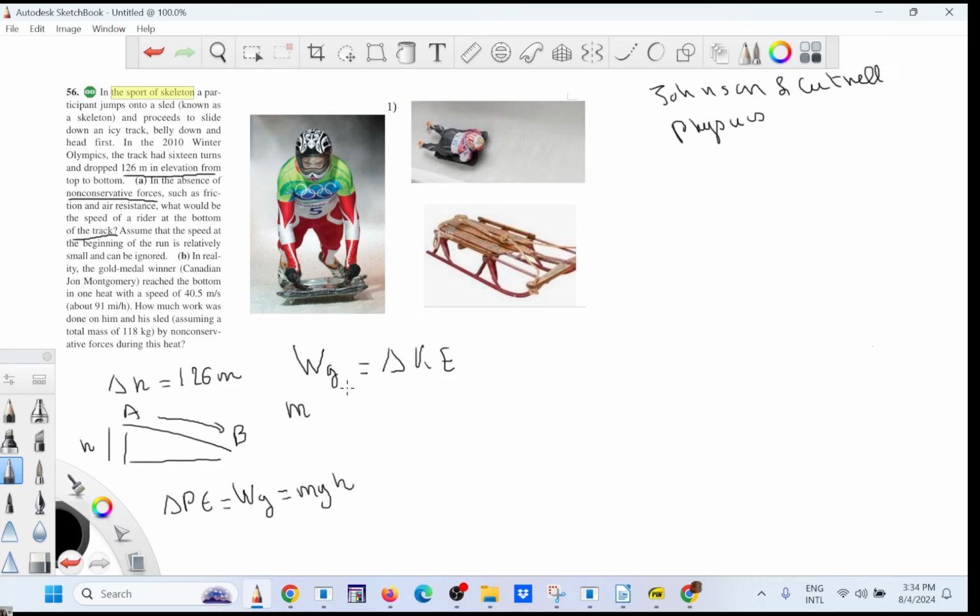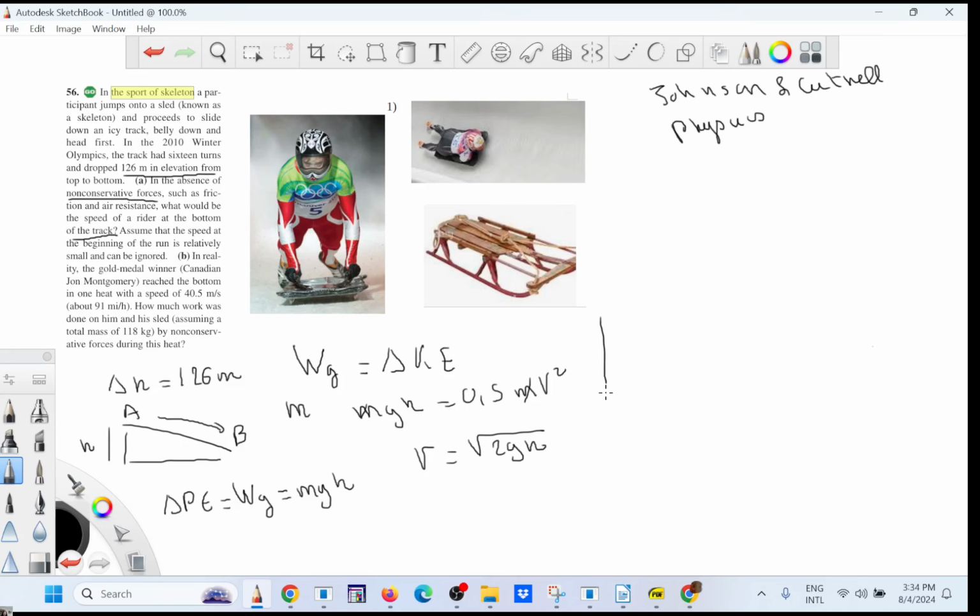So the work done by gravity will be the change in kinetic energy. So we have mgh equals 0.5 mv squared. And this is very familiar. We always get that when we have no friction, you go from that height to this height, you always have this equation to find the speed there. And you have v equals the square root of 2gh.